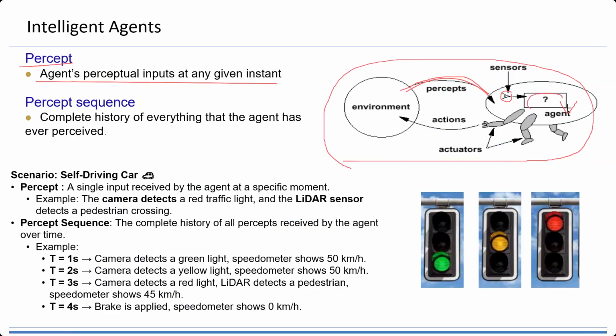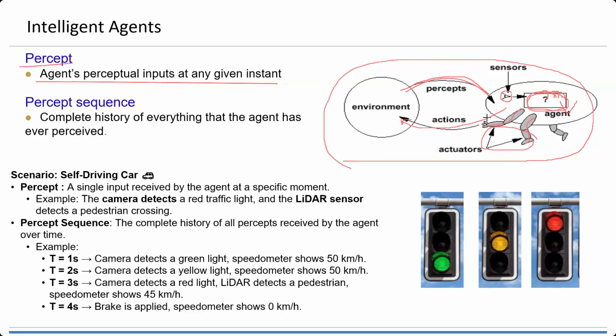And the agent can do something. Question mark. It means it can do anything. Based on this agent, there should be some actuators, maybe the feet, or maybe the head, and there can be actions to the environment.